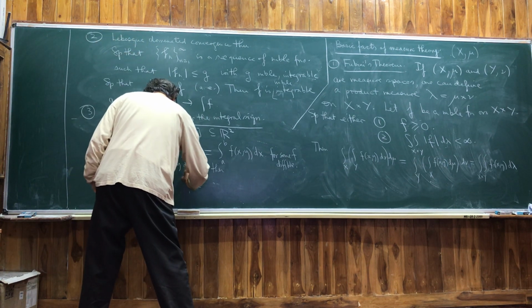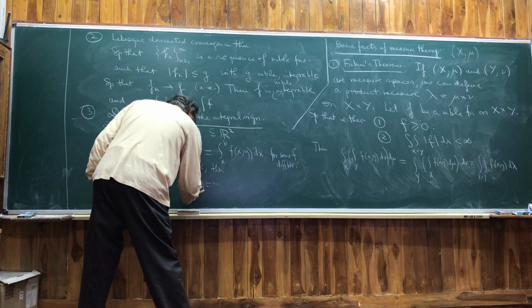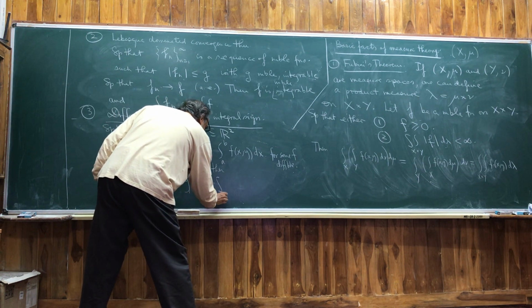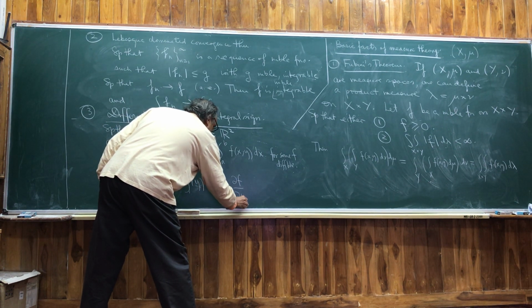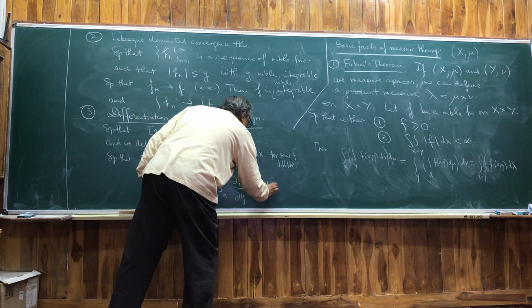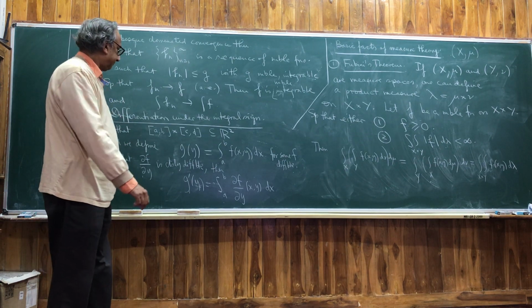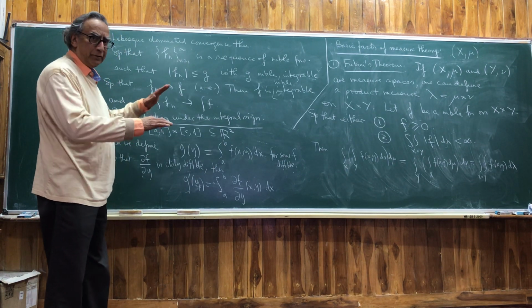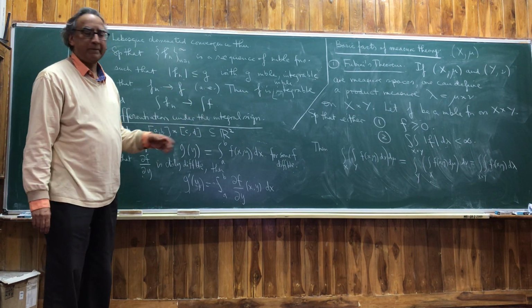Then basically what I'd like to say is that g prime of y is nothing but the integral from A to B of partial f by partial y of x, y dx. So in other words, you can move the differentiation under the integral sign. I just want you to be aware of these facts because I'm going to use them left and right.